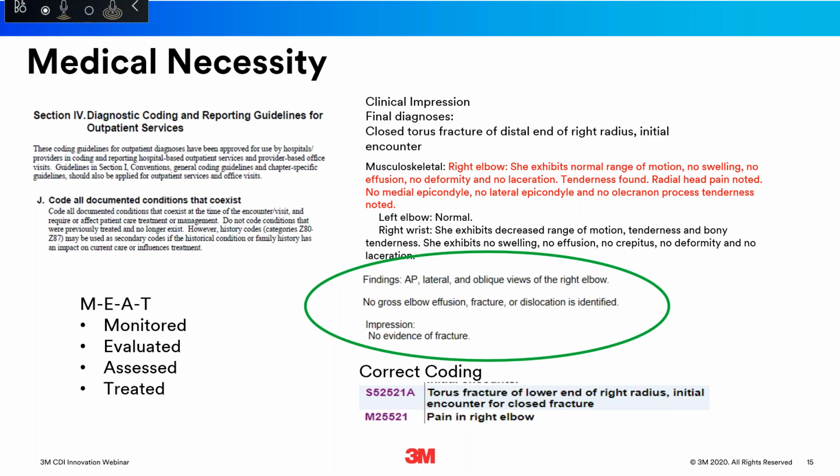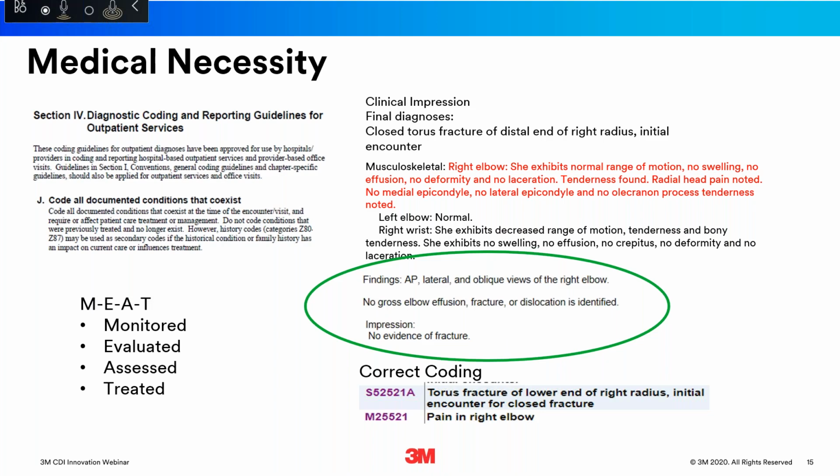Tenderness found and radial head pain noted. So the patient has a final diagnosis of a fracture of the distal end of the right radius, which is the wrist. In the physical exam, he's talking about the right elbow pain. The portion that's circled in green is the findings from the x-ray of the right elbow. It says there's no evidence of fracture.